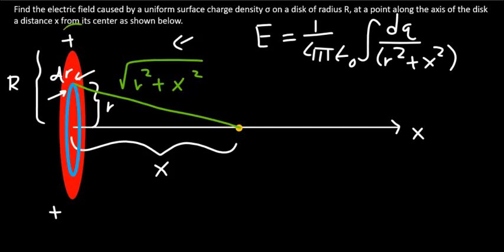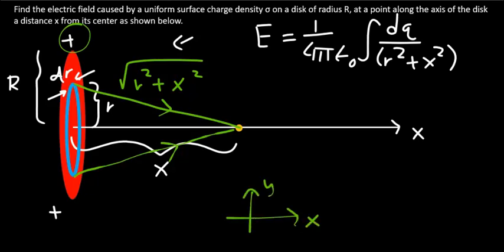We are dealing with a positive disk, so the direction of the electric field will go that way. Now we note there must be two contributions, coming from the bottom half as well, going like that. So if this is the y-axis and that is the x-axis, the y component will just cancel out.